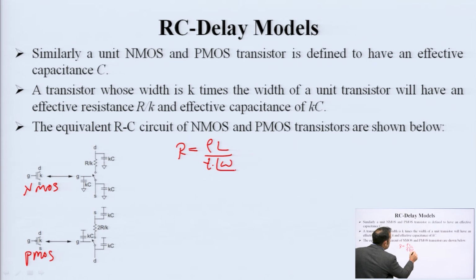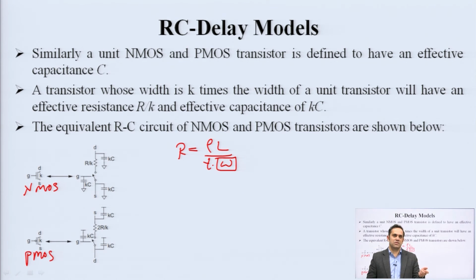We are talking about this width here. When width increases, your resistance reduces. Capacitance is directly related to width. So, if you multiply the width by a certain factor K, where K is higher than 1, resistance reduces and capacitance increases. Everything is defined in terms of unit MOSFETs, unit PMOS, unit NMOS.